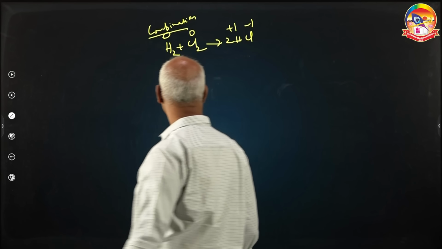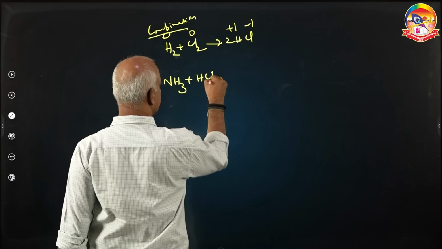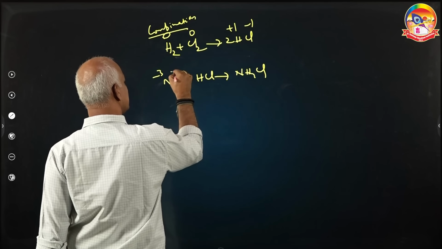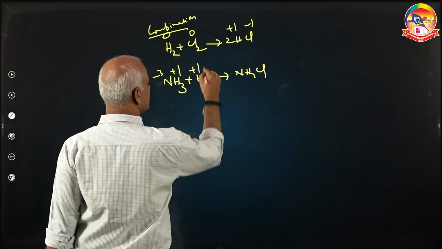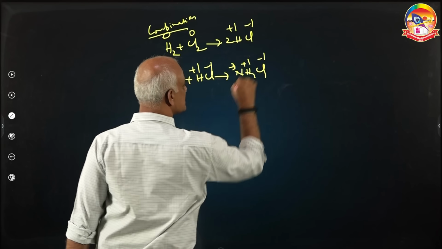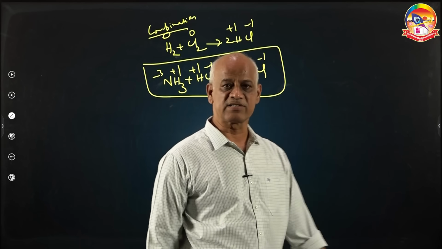But another important example of a combination, NH3 plus HCl gives NH4Cl: -3, +1, +1, -1, and -3, +1, -1. You can see very clearly this is not a redox reaction.